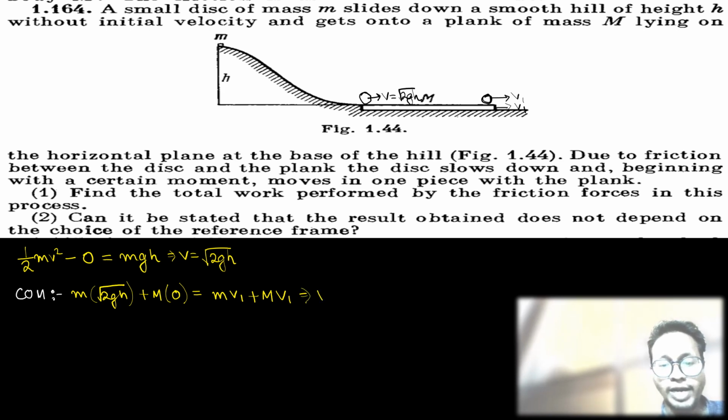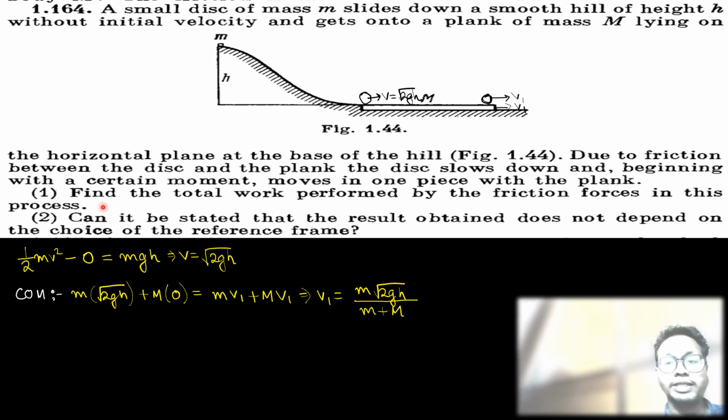So we get our final velocity as m into under root of 2gh divided by small m plus capital M. So both the ball and the slab will move with the same velocity. Now the question is asking to find the total work done by the friction force.